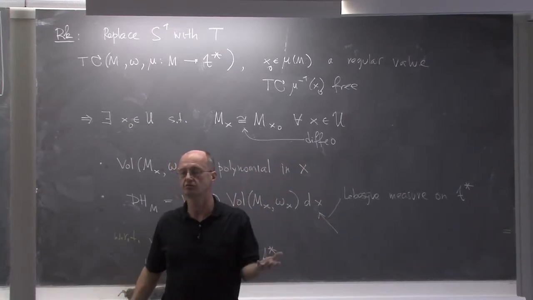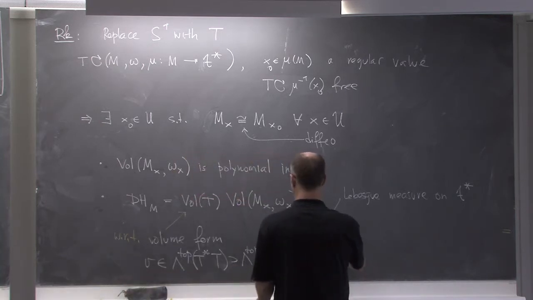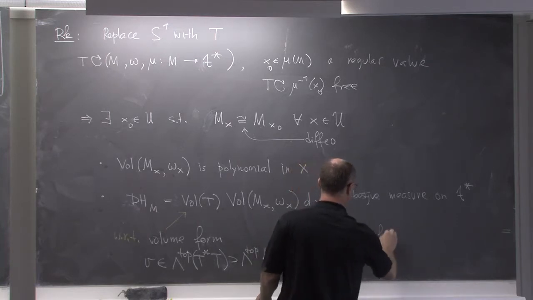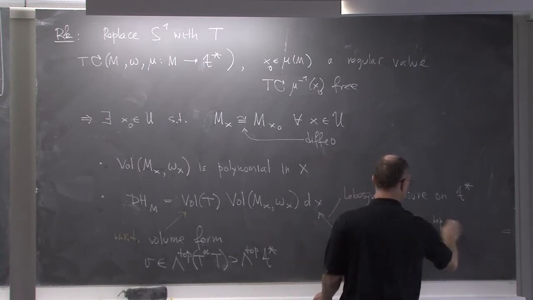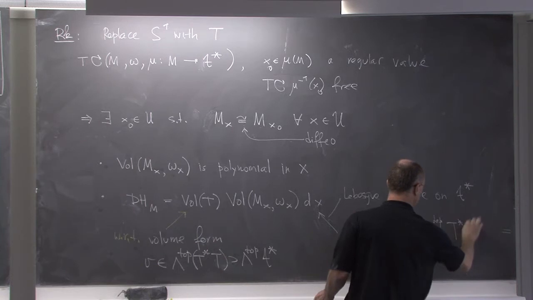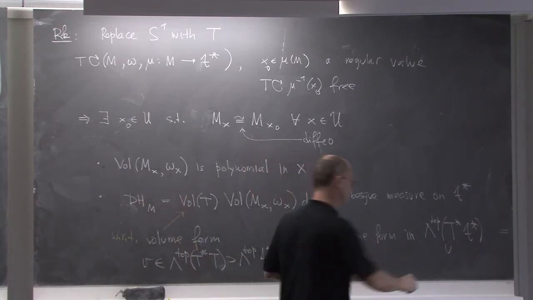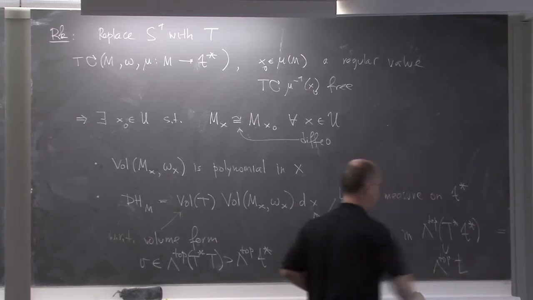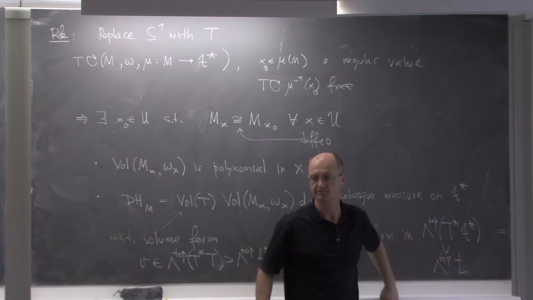If you want to make a choice of a concrete Lebesgue measure, then you need a volume form in the top wedge power of t star star. Because the Lebesgue measure is translation invariant, you need actually an element of the top wedge power of t star star, which is just t.